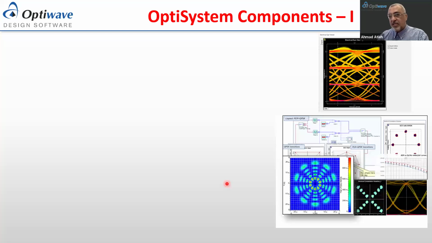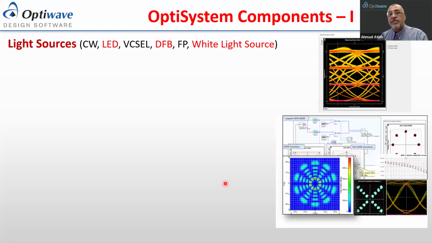OptiSystem software has some 600 components, which address most of the components, devices, and equipment to build your system, analyze it, and work with it for any design you like.